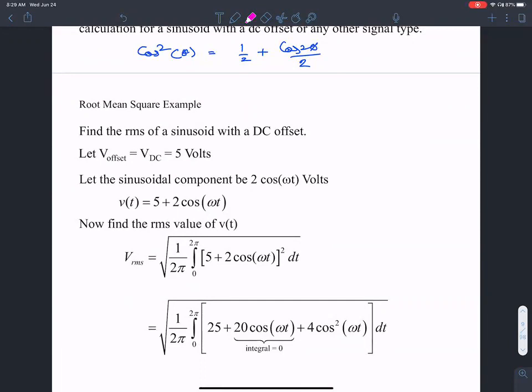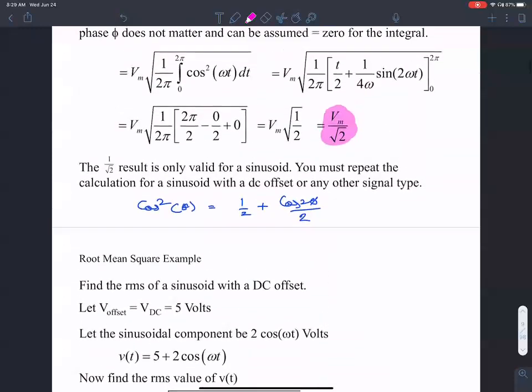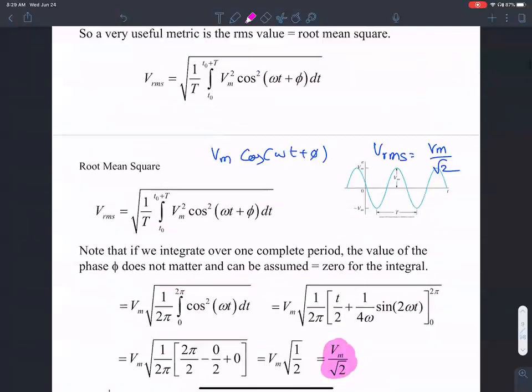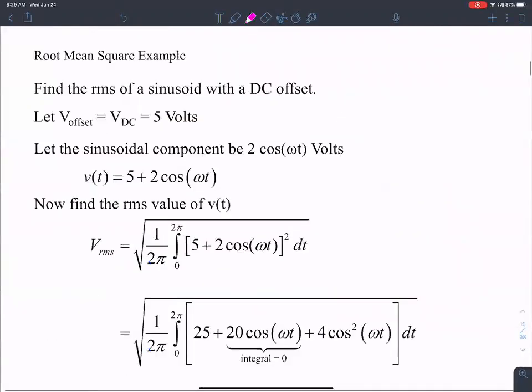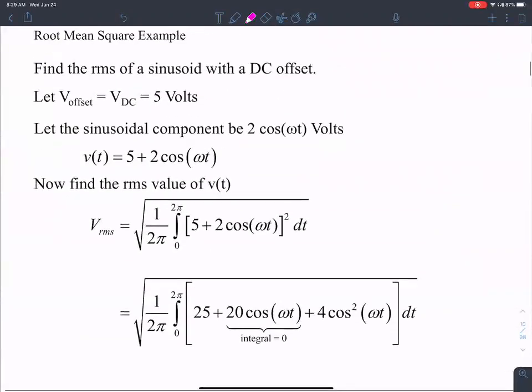Now find the RMS value of a sinusoid with a DC offset. That's something we did not do so far, right? We only looked at RMS value with no DC offset. It's purely a cosine wave or a sine wave. Now we have a cosine wave that is sitting on top of 5 volts DC.